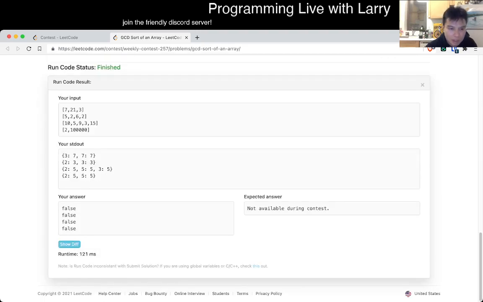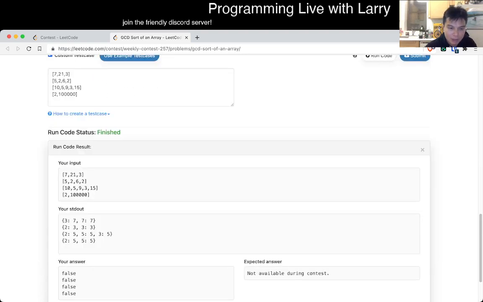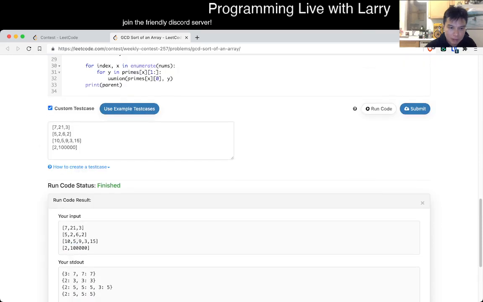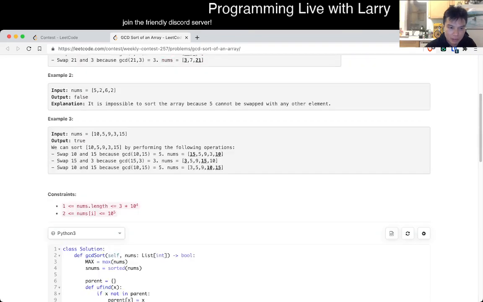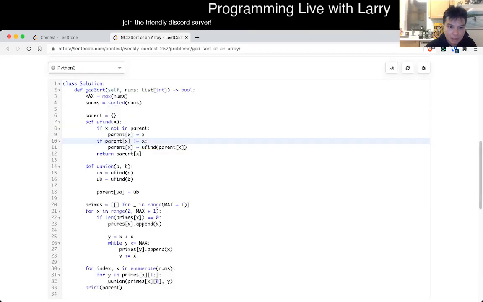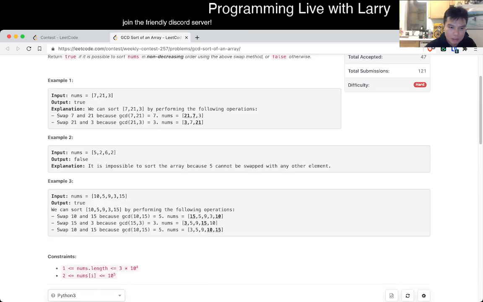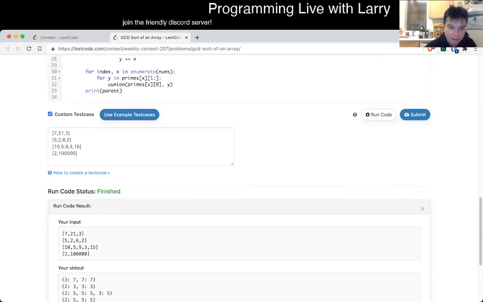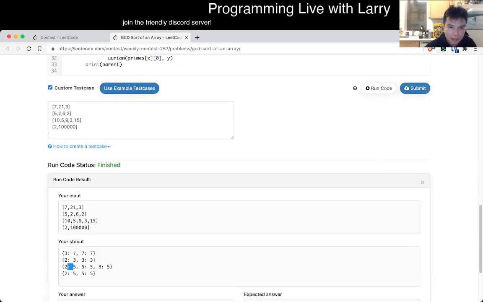Okay, what am I printing? That means that 2 and 5 are in the same group, which is what we want. 2, 5, and 3 are in the same group, so that's also what we want. Is that a true answer for the second to last one? I thought we put 5 in the same thing. Okay, so maybe that's not quite true.